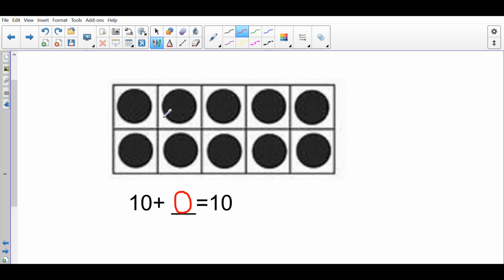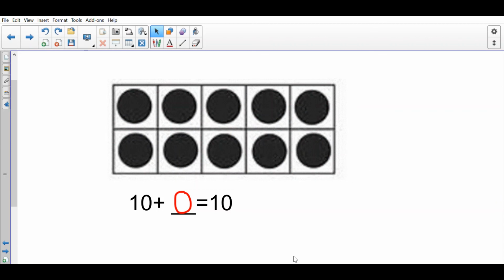Because we already have 10 dots. So do we need any more? Nope. We don't need any more dots if our whole 10 frame is filled up. So that makes our number sentence 10 plus 0 equals 10. Great job, you guys!